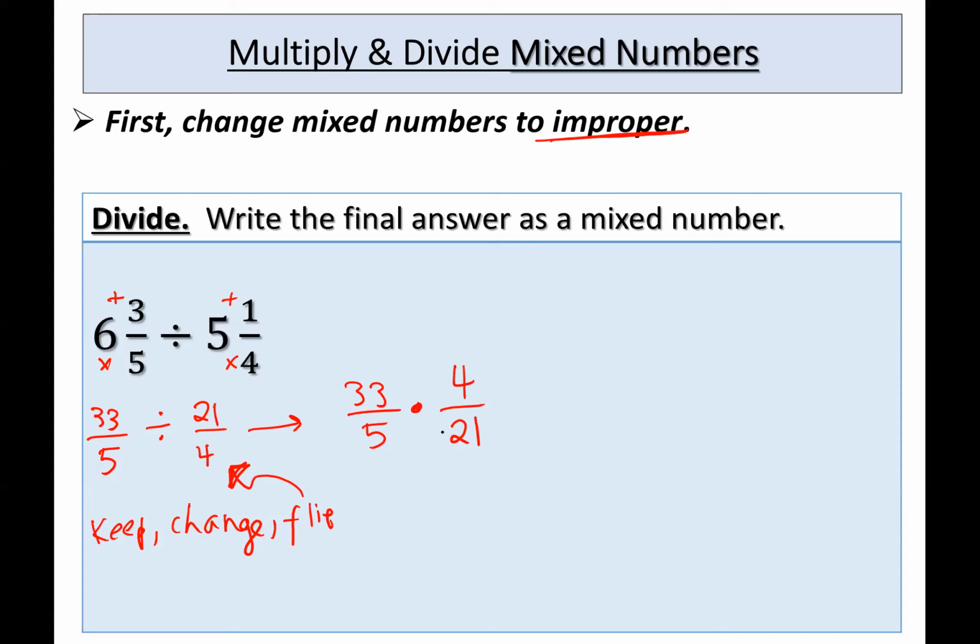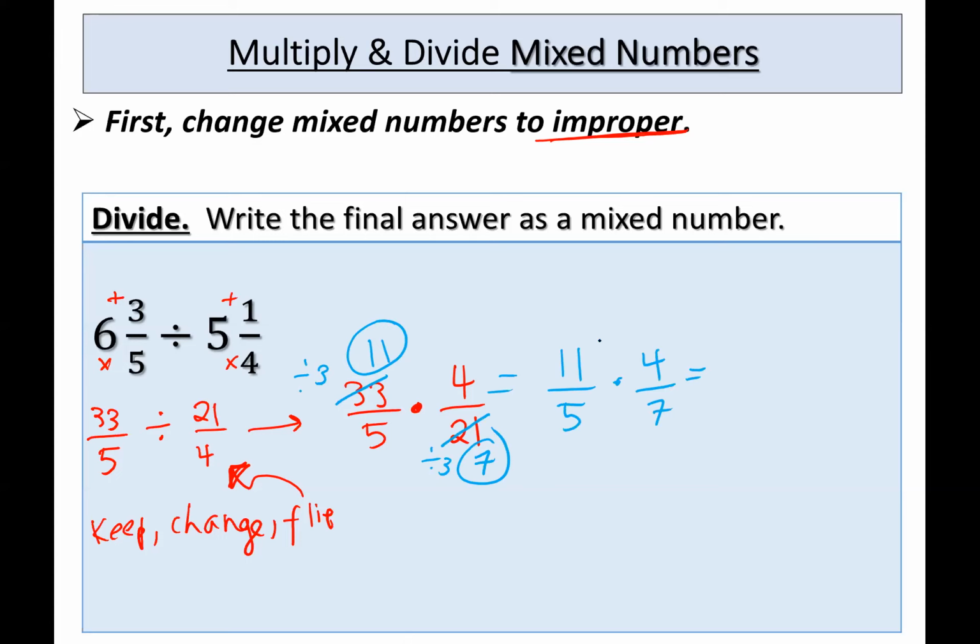They are both multiples of 3. So I can reduce by dividing by 3. 33 divided by 3 is 11. 21 divided by 3 is 7. So I can rewrite this as 11 over 5 times 4 over 7.